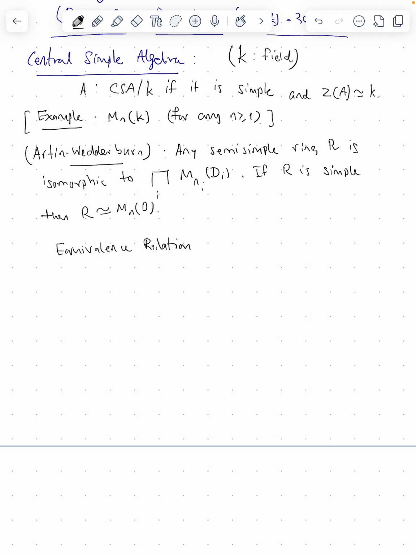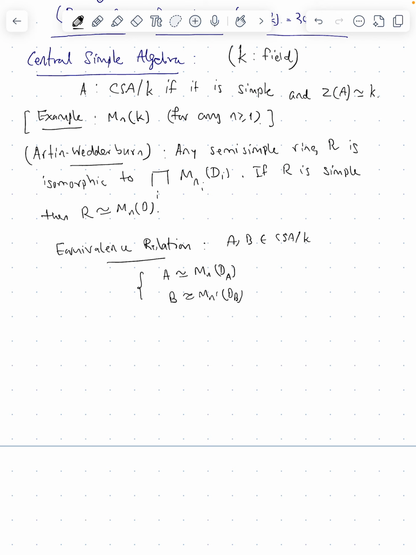Let's take two central simple algebras A and B. We know by the previous theorem that both of them will look like a matrix ring over some division algebra. Let me call the division algebra corresponding to A D_A, and for B, D_B, with matrix sizes n and n prime. They could be different because we are allowing all the dimensions.